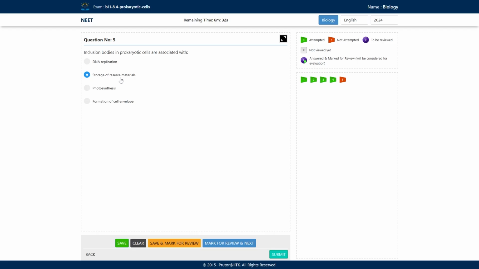Inclusion bodies are associated with storage of reserve materials like glycogen bodies, cyanophycin granules, and phosphate granules. Clear? So we have discussed the DPP also.